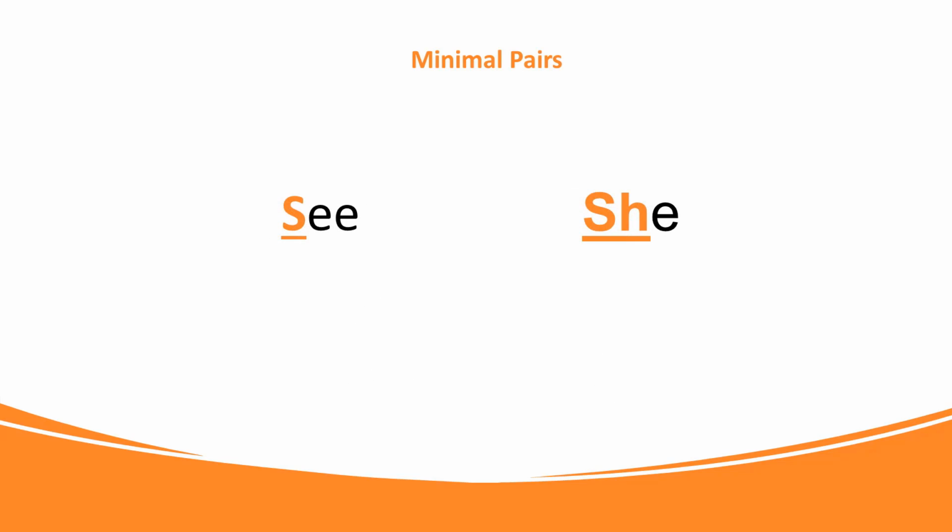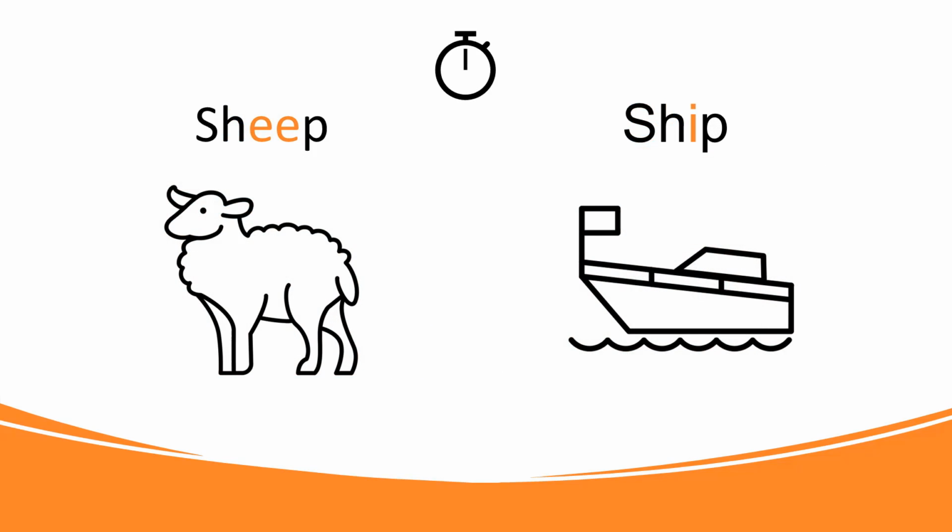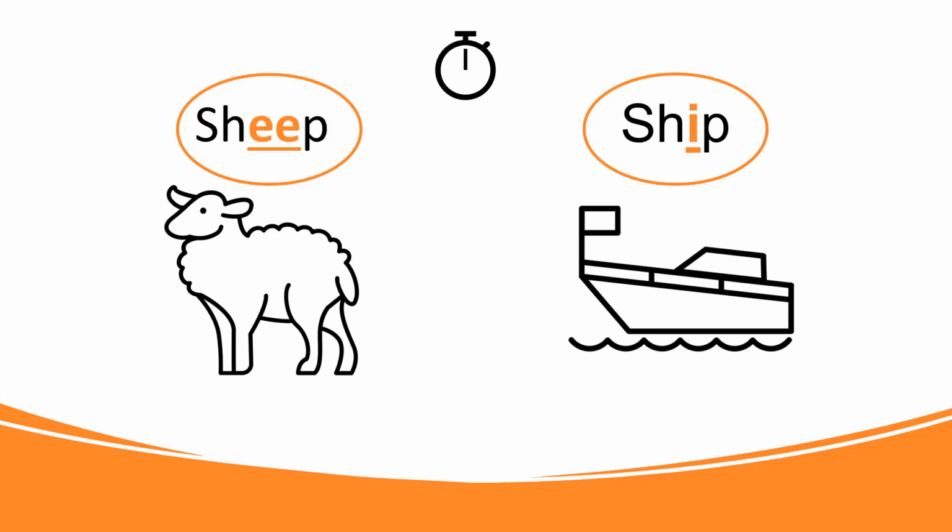For example, the s sound in see and the sh sound in she are made by placing the tongue only a few millimeters away inside your mouth. Similarly, a few milliseconds of time separates the length of E in sheep and I in ship. If you don't pay attention to these small details, you may end up with a strong accent.